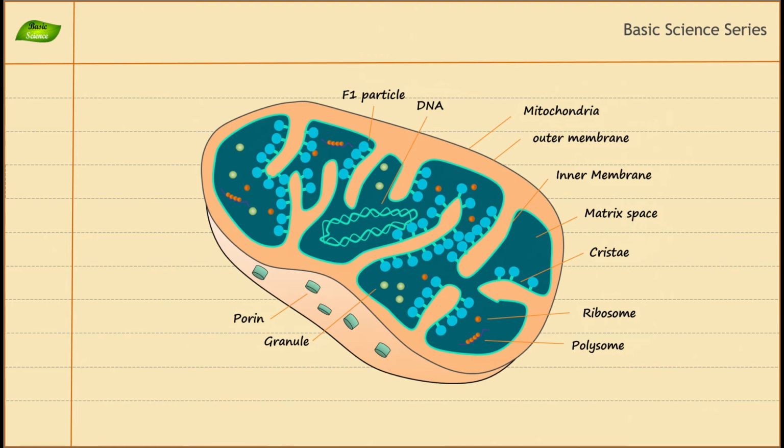So there are a lot of research articles on this particular organelle, how it functions, and you can read those articles, and that will definitely improve your knowledge of the functions of this particular organelle.